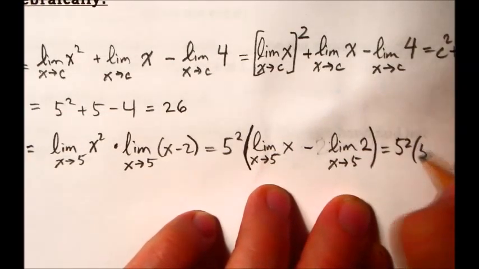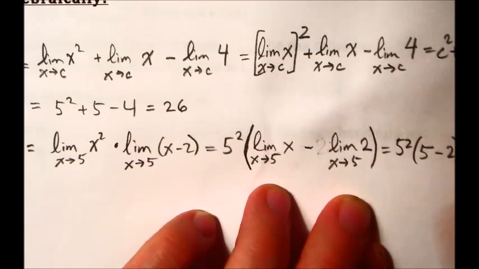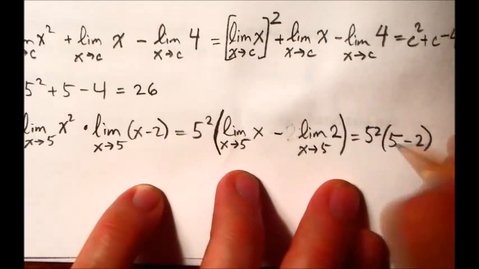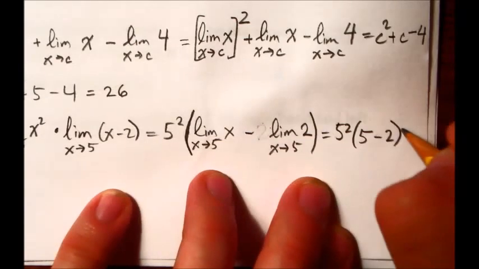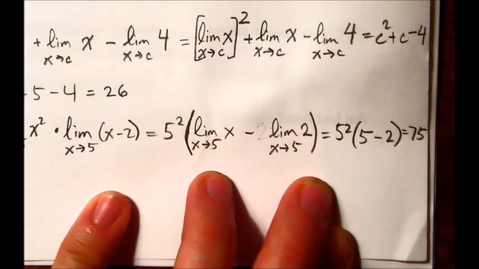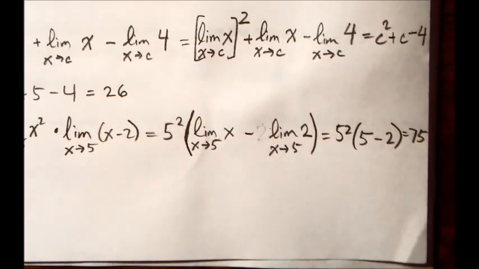But don't be surprised if the book does. So this comes out to be 3. So it's 75 in the end. Okay. So there it is. Pretty basic stuff.